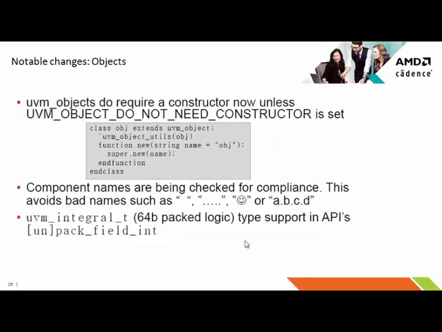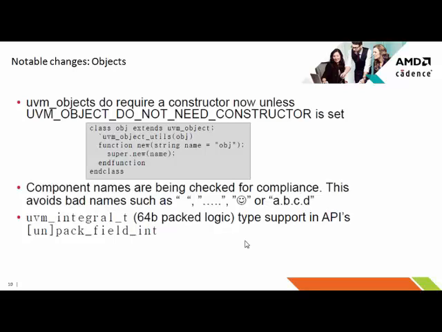In the past, UVM objects did not always require a constructor. That's really considered bad programming style, to not have a constructor on an object or on a class. So now it's enforced. This is a change which is not backwards compatible.